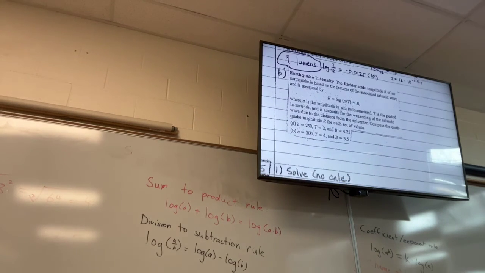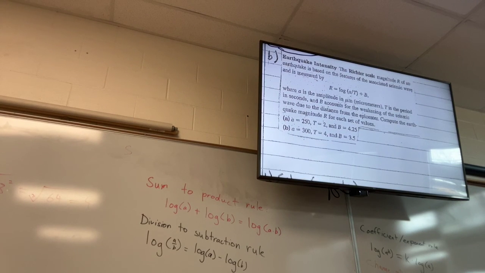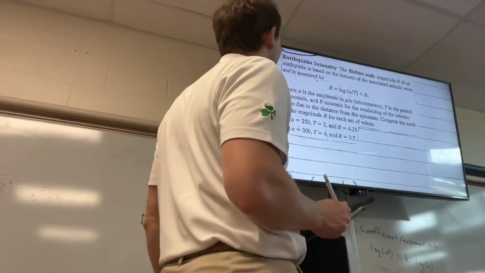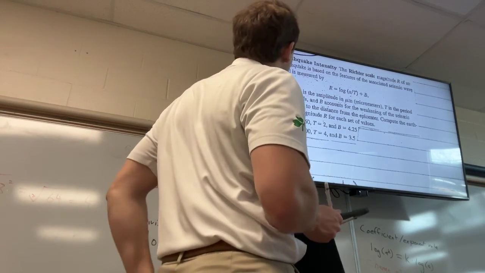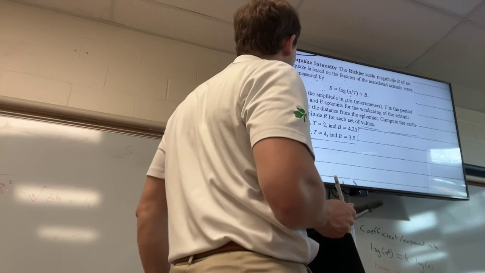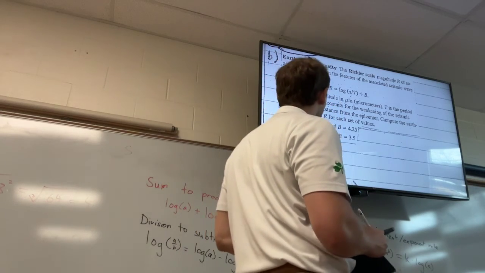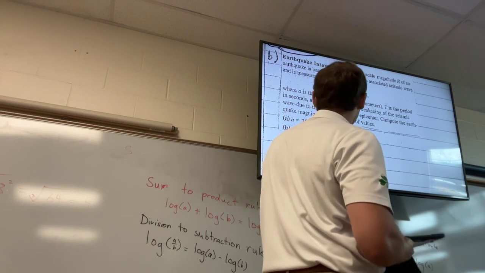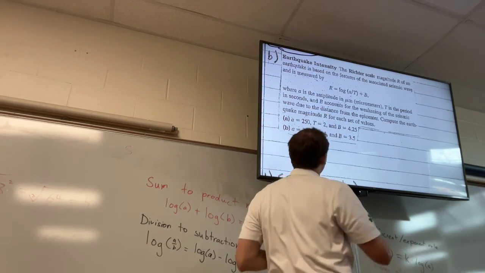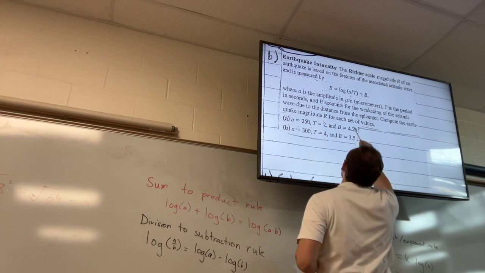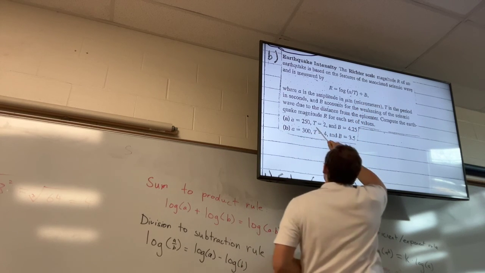All right. B, earthquake intensity. The Richter scale. The Richter scale of an earthquake is based on the features of the seismic wave, and is measured by this. What they're doing is having you calculate the magnitude using this formula, given these values for A, T, and B. So we really just plug and chug here.